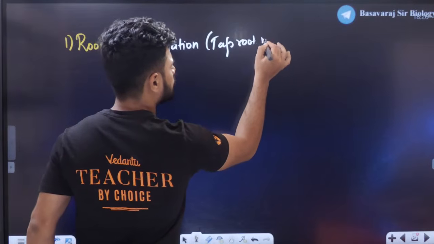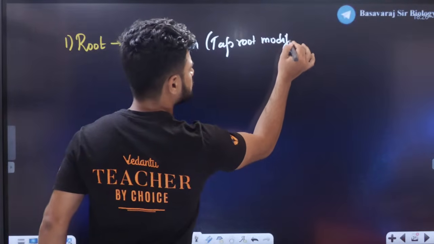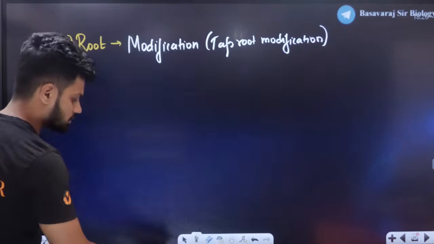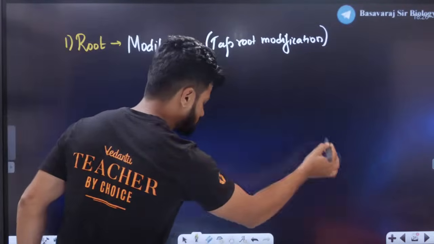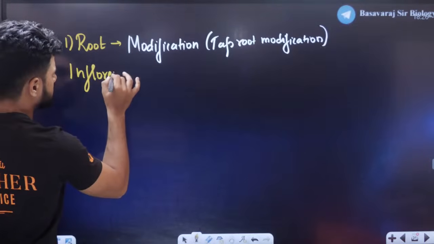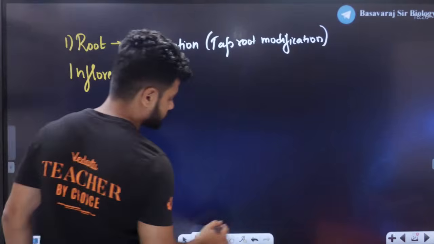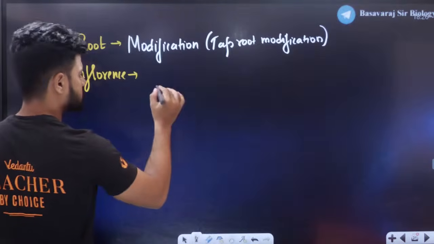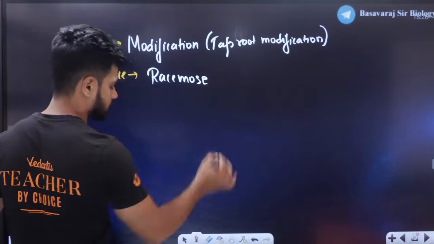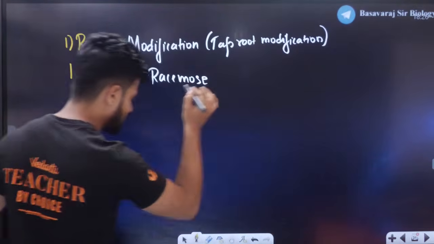Taproot modification was seen here. Okay. How was the inflorescence? Inflorescence was racemose. It was racemose inflorescence. Okay. How was the flower, students?